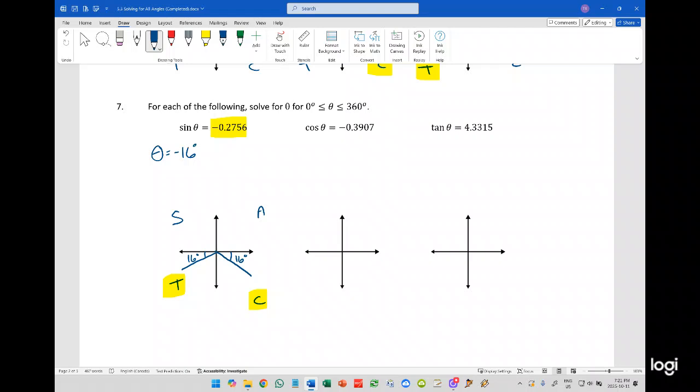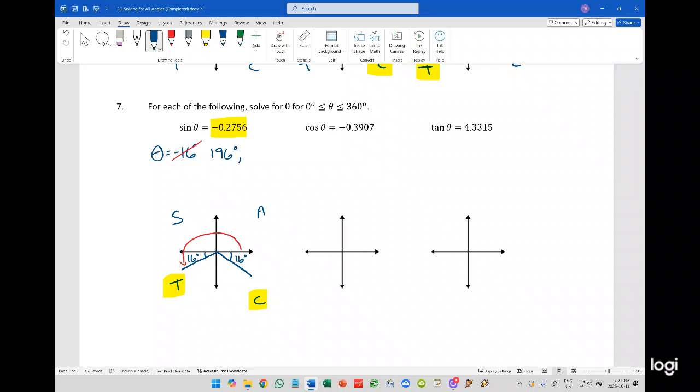Now, interestingly enough, the calculator value we got of negative 16 is not even one of our valid answers because it's not between 0 and 360. The two valid answers to our question are 180 plus 16, and 180 plus 16 is 196.